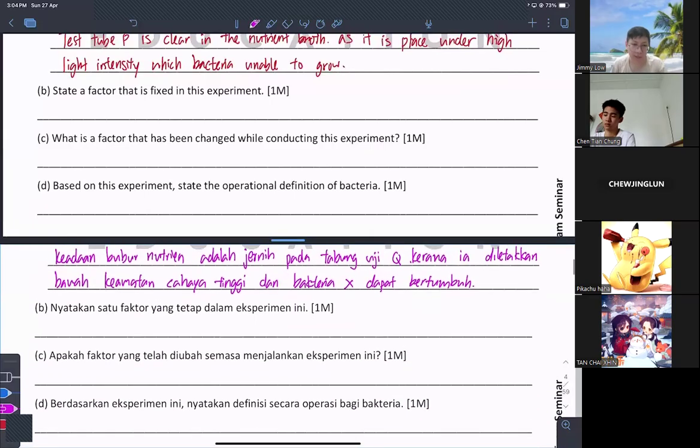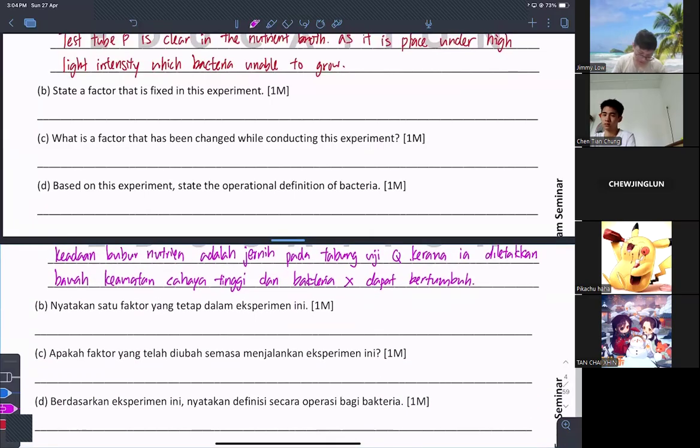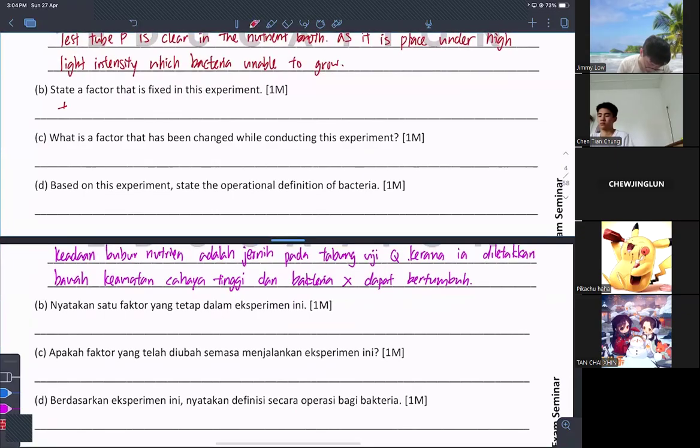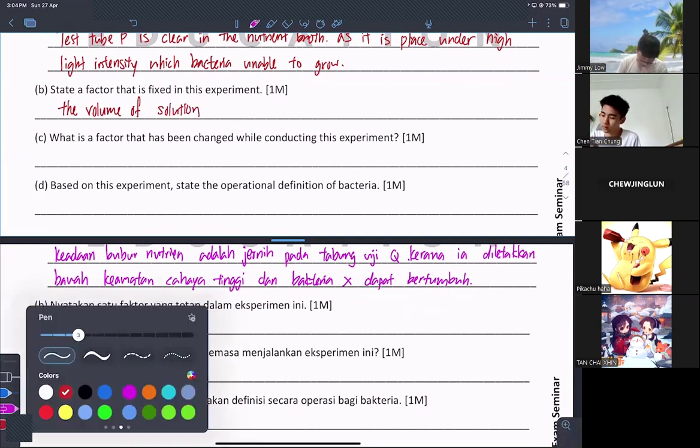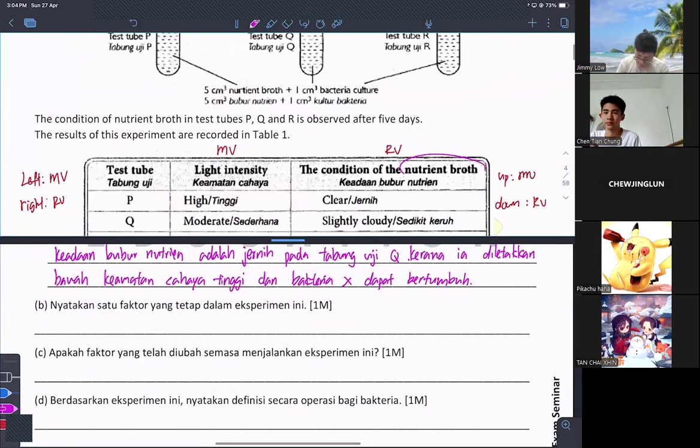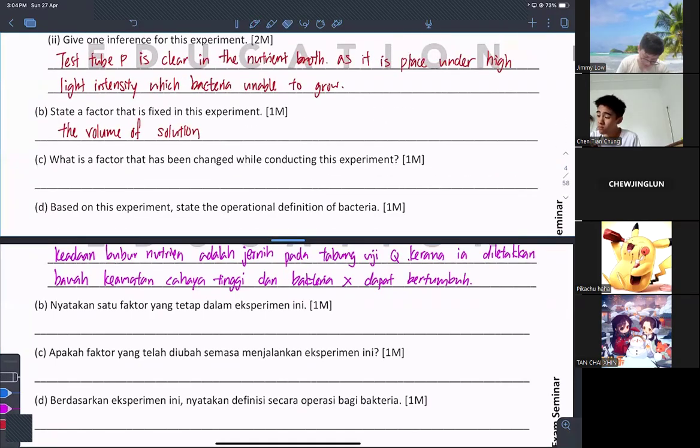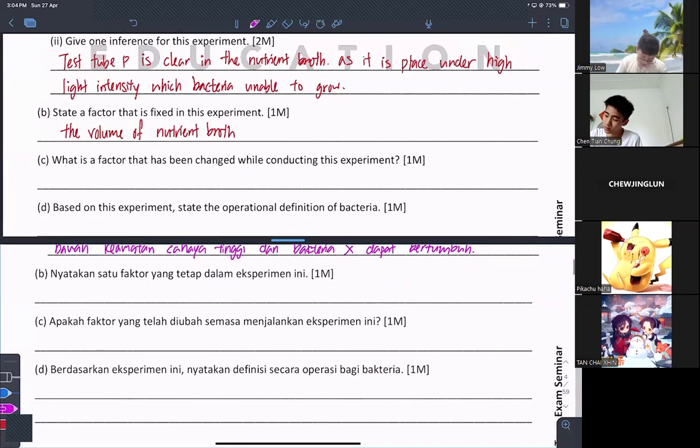Doesn't make sense, right? Okay, so from here, I'll choose to say the volume of solution. Or you want to say the volume of nutrient broth also can. Like play safe, we use back the words the question gave. Okay, isi padu bubur nutrient.